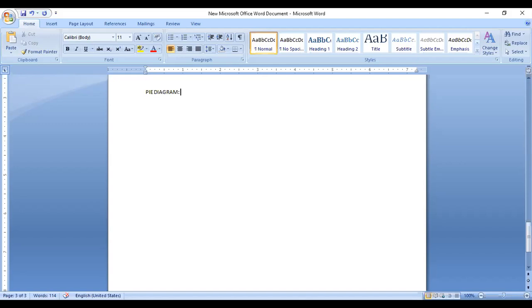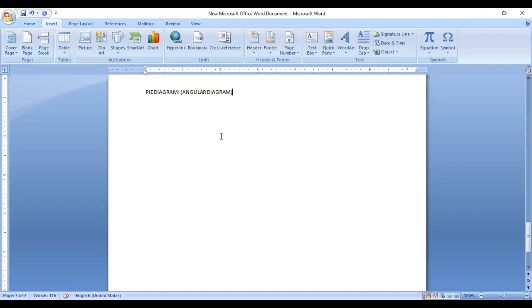Now, for a better understanding, we will consider an example. We have to remember that these pie diagrams are also known as angular diagrams. Now, one example I will take.